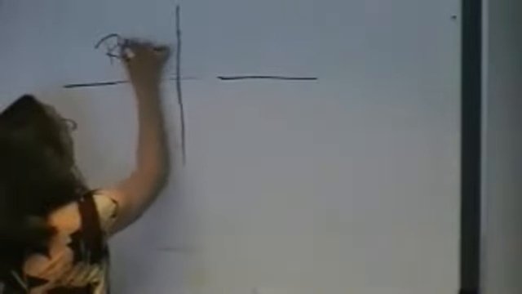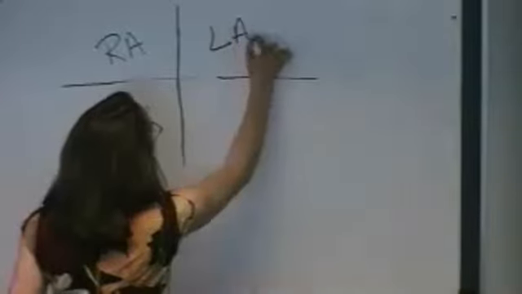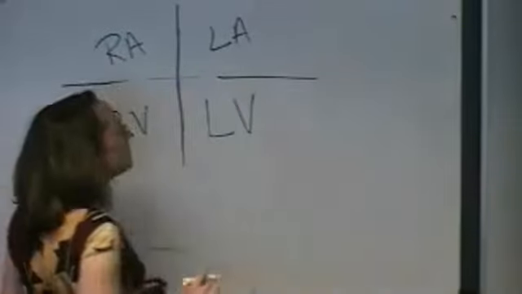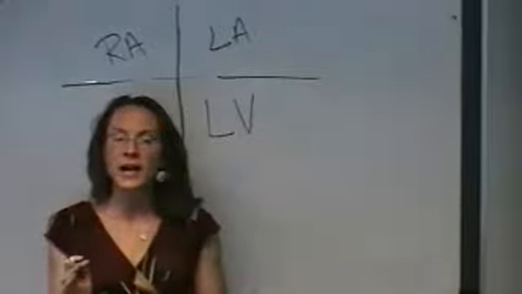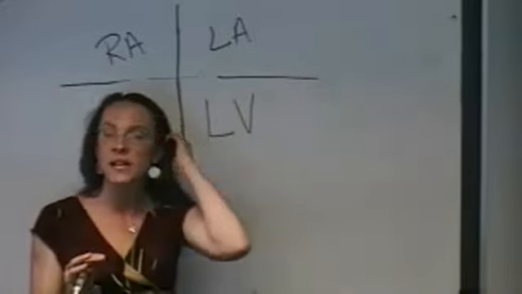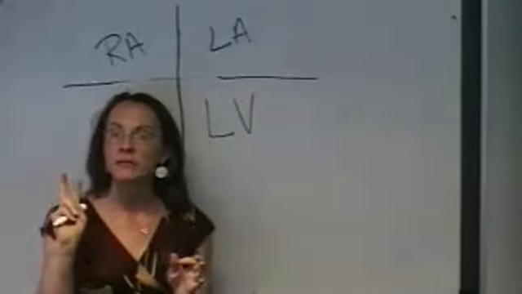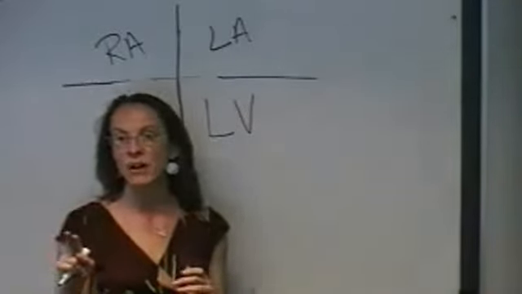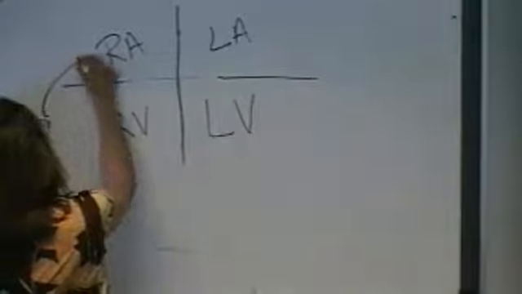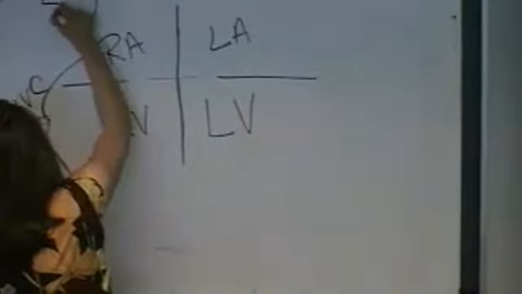Okay, so we've got the right atrium, the right ventricle, the left atrium, the left ventricle. Okay, the right side of the heart will have deoxygenated blood. It'll be brought back to the heart by the inferior and superior vena cava. Okay, so the right atrium is going to have the inferior vena cava bringing blood back, and the superior vena cava bringing blood back.